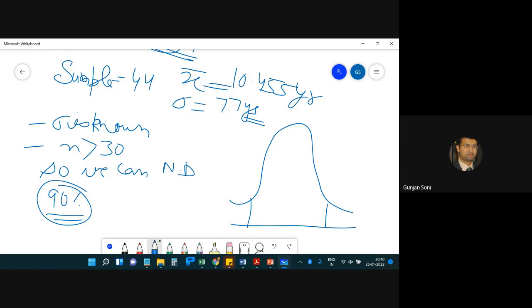When I'm saying this 90% is the confidence interval, that means this area is 90%. And the remaining part is the significance level.